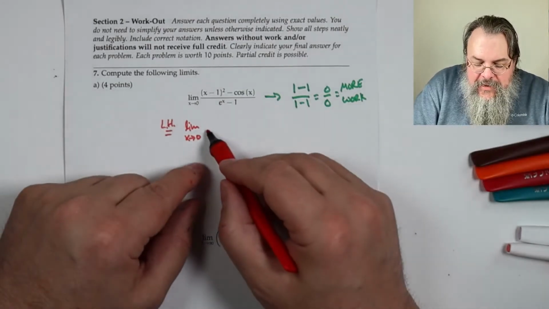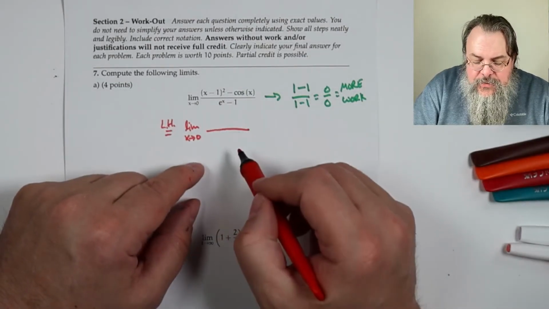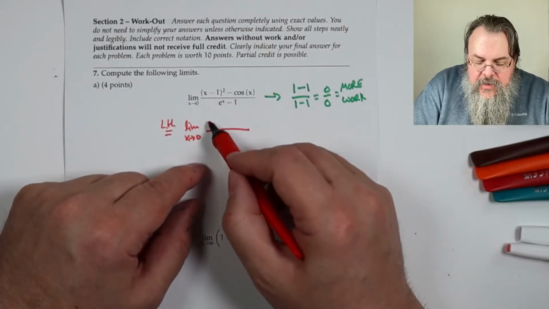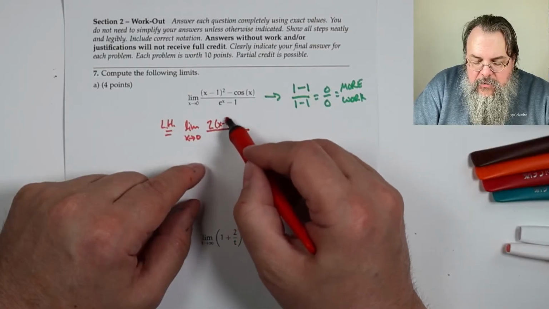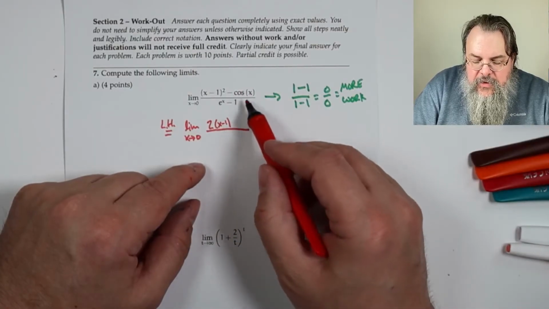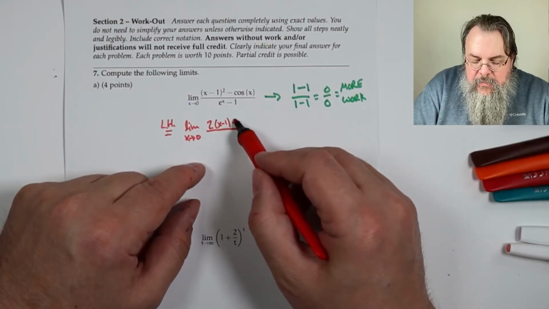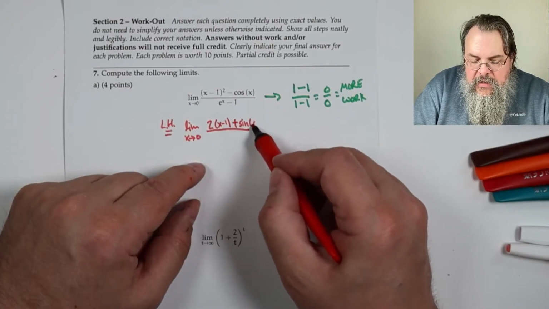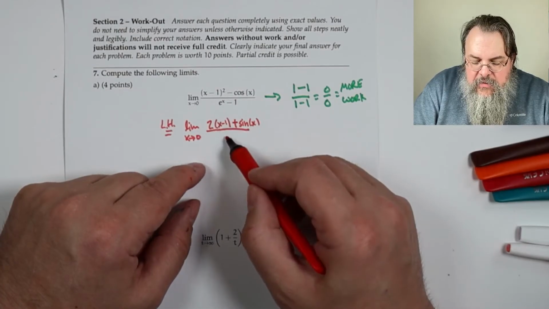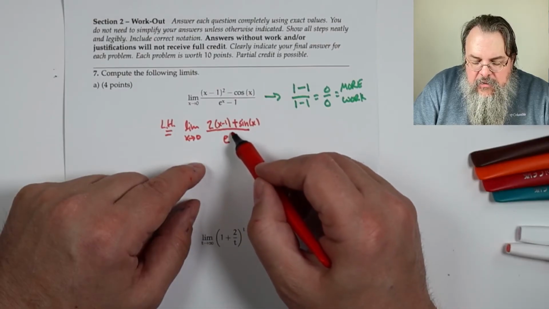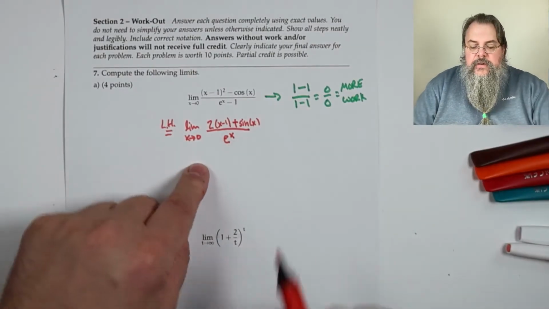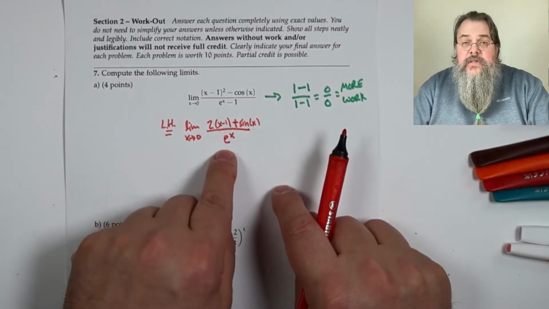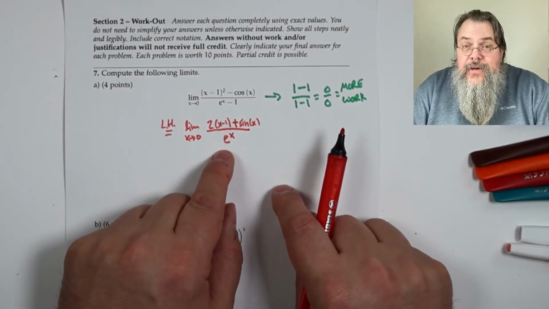So, the nice thing about L'Hôpital is that it's not the quotient rule. You take the derivative upstairs, so 2x minus 1, and the derivative of cosine is negative sine, and so minus minus makes positive sine. And then the derivative downstairs is e to the x. Now, the good news is, if you plug in 0 downstairs, you don't get 0. What does that mean?